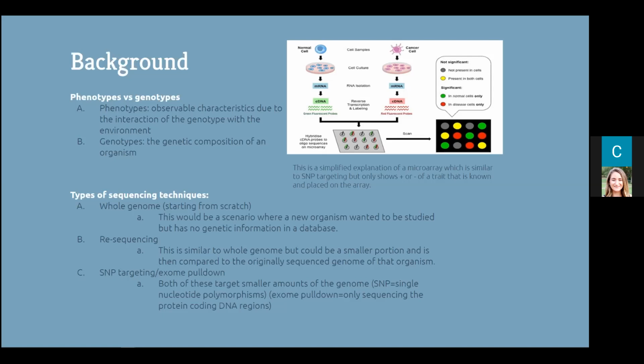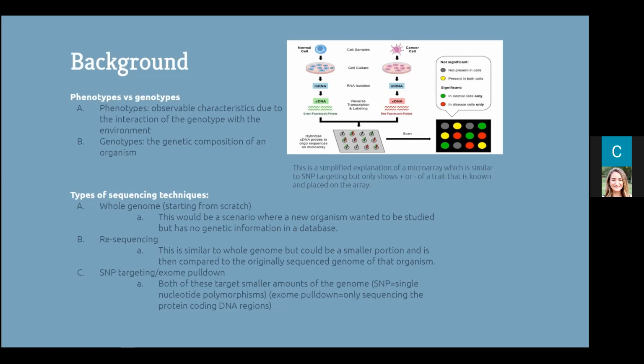And then there's single nucleotide polymorphism targeting and exome pull down. Both of these are more targeted approaches where you are sequencing a much smaller portion of the genome and you're getting more limited information, but it can still give insight into different traits and disorders and other genetic information.